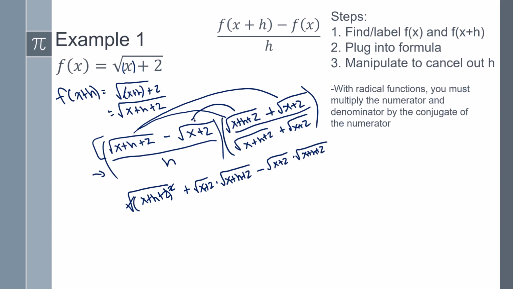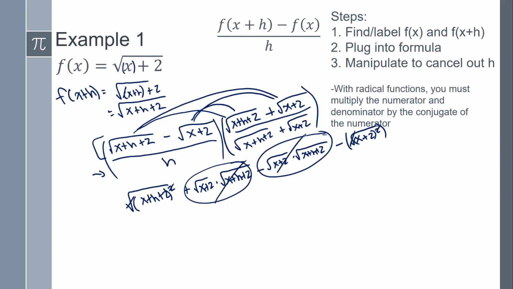And then the last is minus square root of x plus 2 squared. And then again, those square roots, and that's going to cancel out. And then we have a positive and a negative. Those are going to cancel out. So left on top is x plus h plus 2 minus x plus 2. Now the denominator, we don't need to touch.